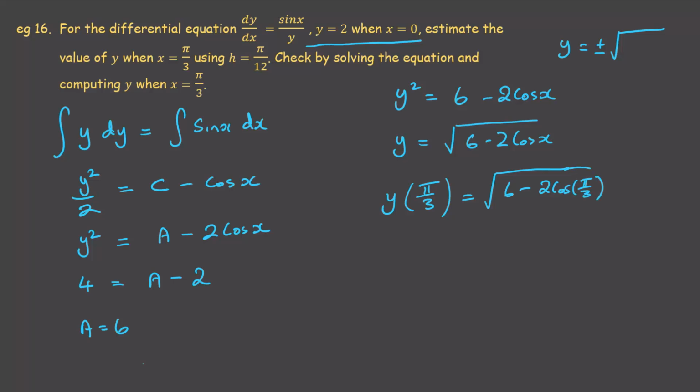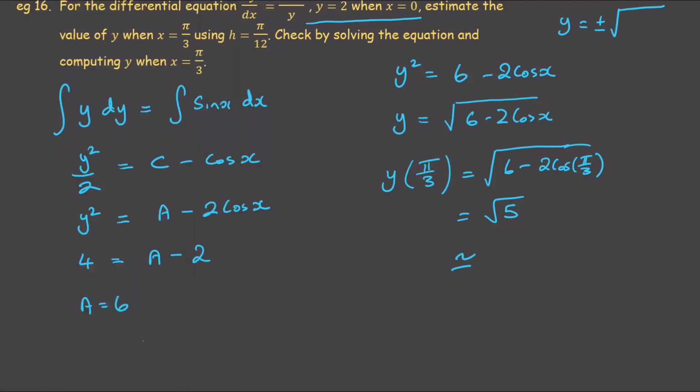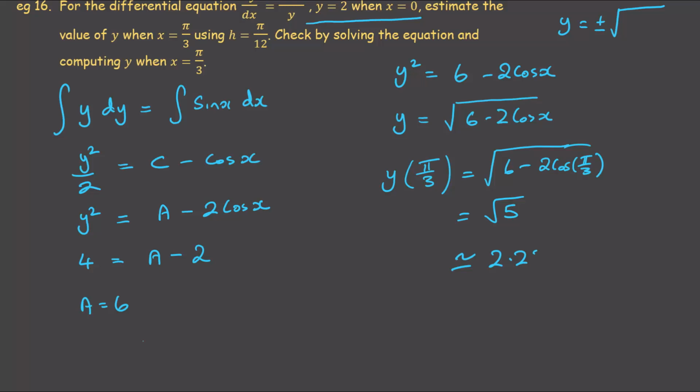Cos pi by 3 is a half, so this is actually the square root of 5. And the square root of 5 is approximately 2.2361. And our value from before was 2.1865. So not too bad.